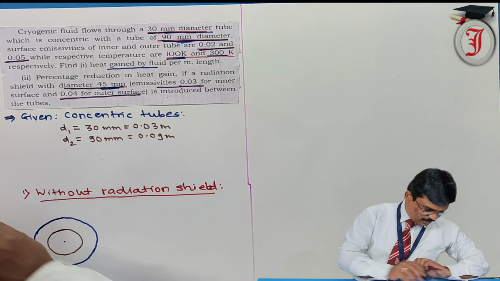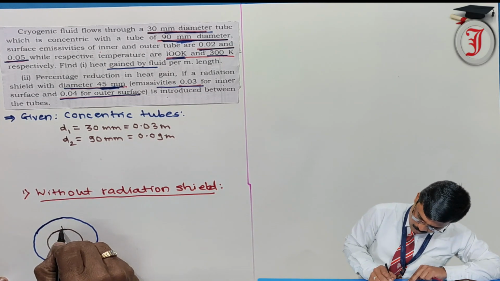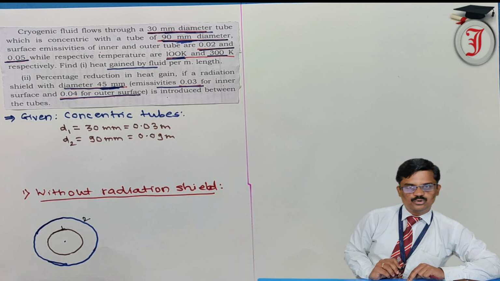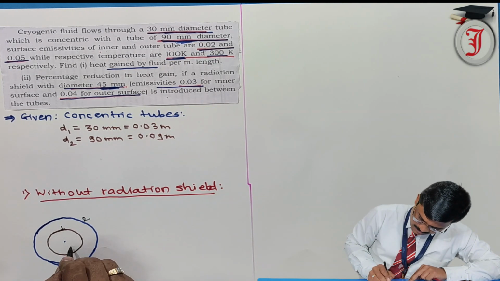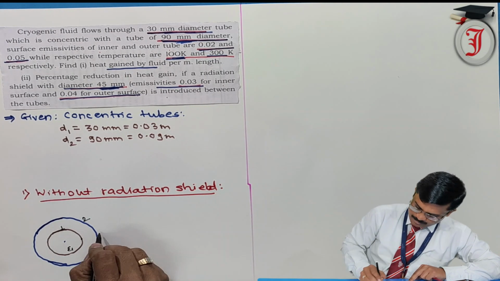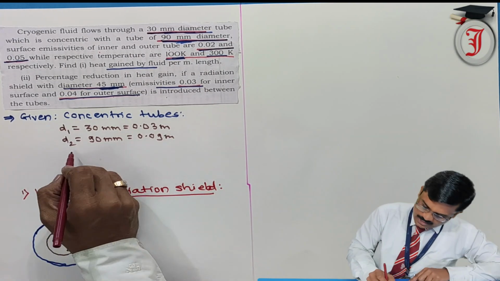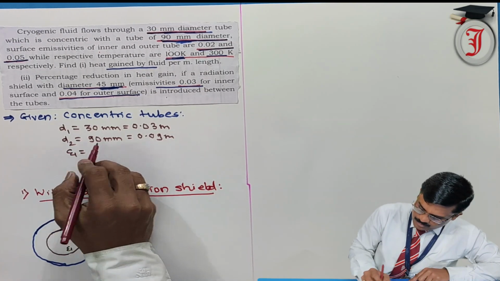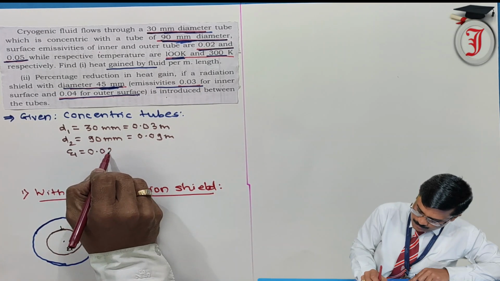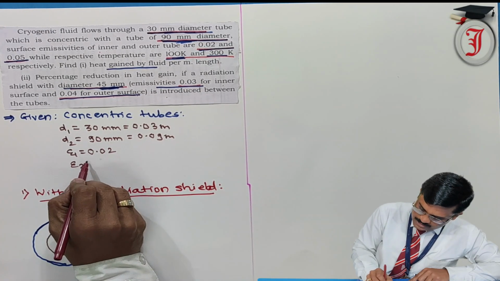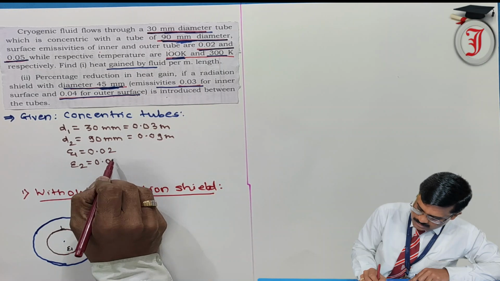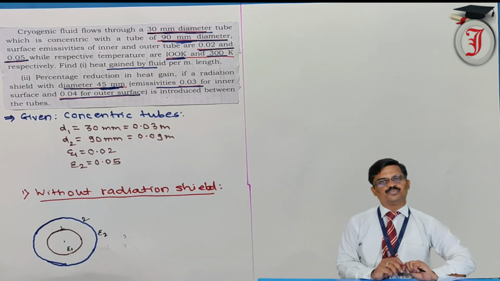Let us consider this tube as the first tube and this as the second tube. Its emissivity we call epsilon 1, and the other is epsilon 2. Epsilon 1 is given as 0.02 and epsilon 2 is given as 0.05.